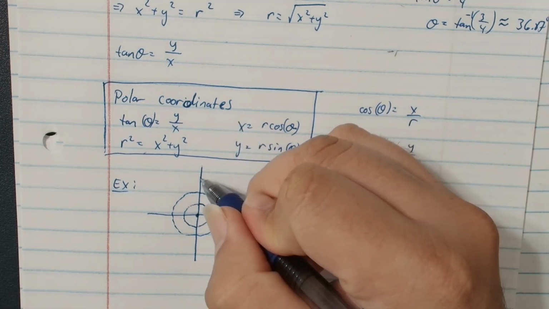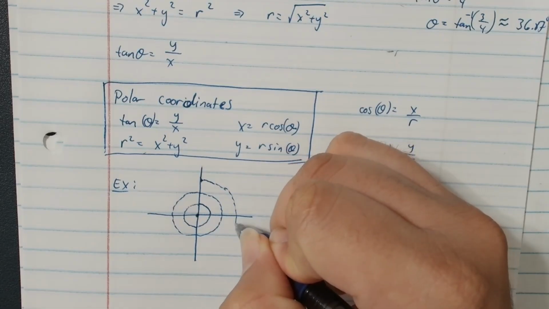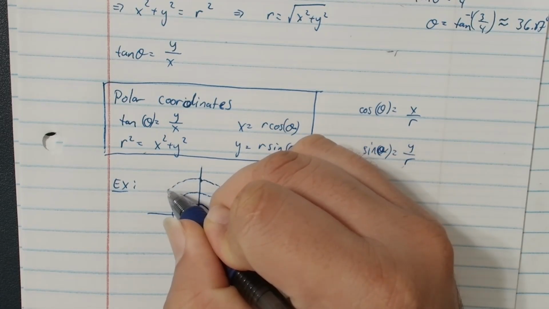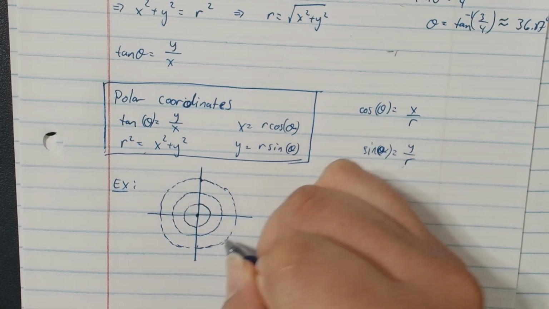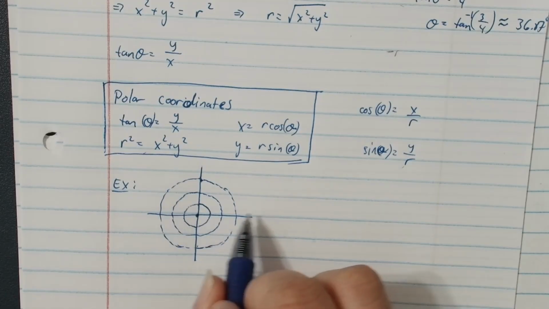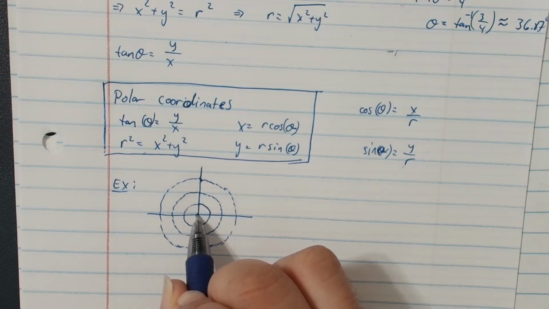If I'm 3 units away, then I am somewhere on this circle of radius 3, and so forth and so on. So my graph paper isn't going to follow distances left, right, or up and down. It's going to follow distances radiating outward from this center point.